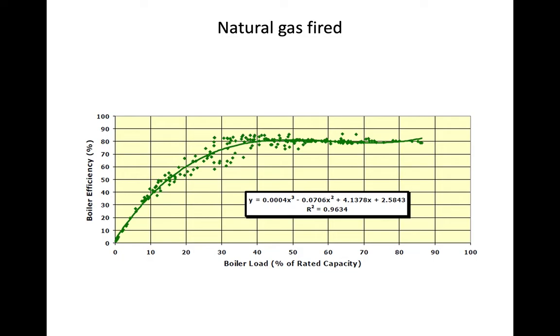You can see in this diagram that for boiler load more than 40%, this gas boiler will reach the highest efficiency, that is 80% here. 80% boiler efficiency could be attained at a boiler load of more than 40%.